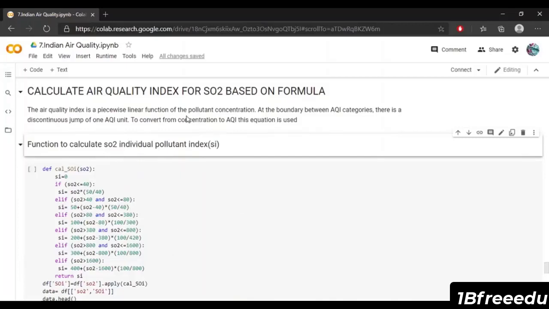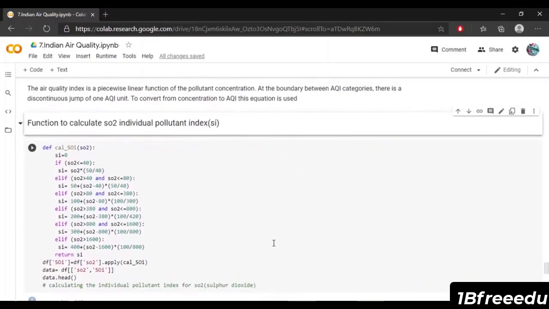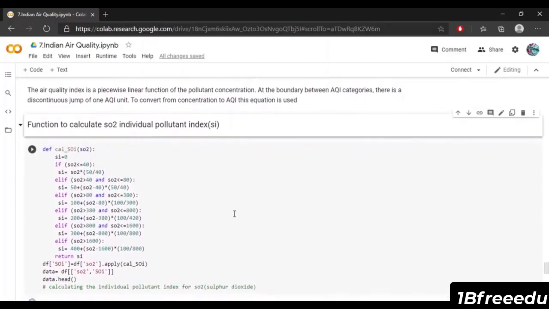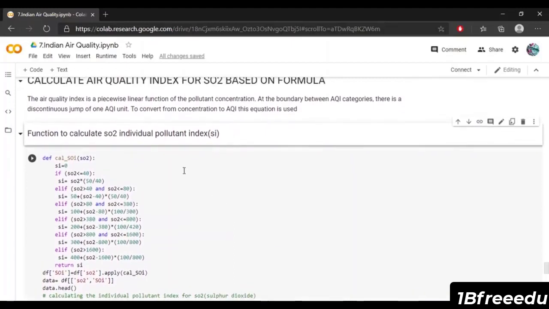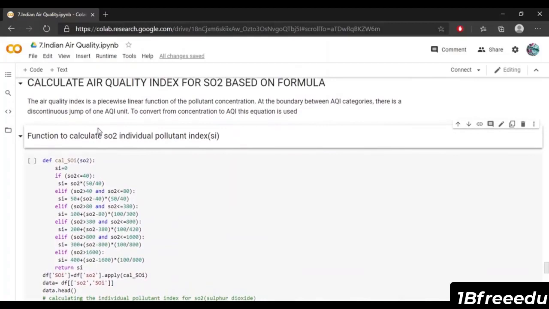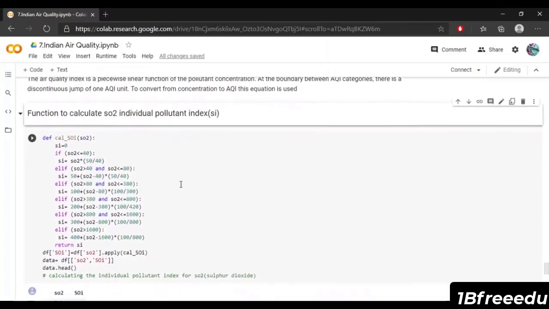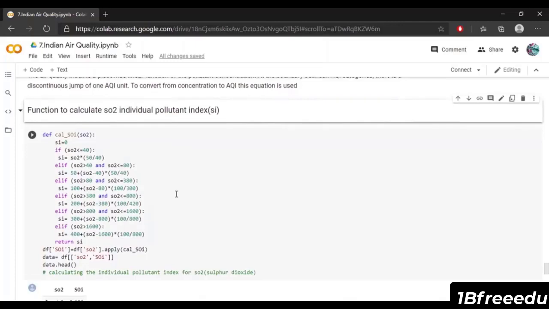This formula is used to calculate the air quality index for SO2, and you can again Google this on the internet. You will find the formula to calculate the air quality index, and based on the sulfur dioxide levels, we have calculated the individual pollutant index of this SO2, and we have called it SI over here.